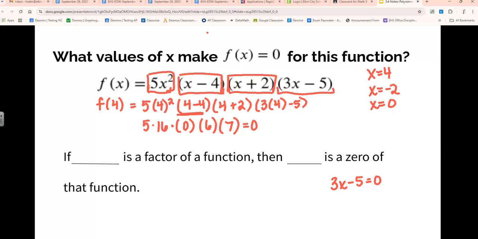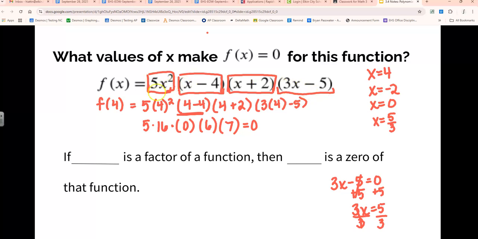And then you've just got a little equation to solve. You can solve it by adding 5 to both sides, and then 3x will equal 5, and then you would want to divide by 3 to get that x by itself. So x equals 5/3 would be a 0 of that function there as well.